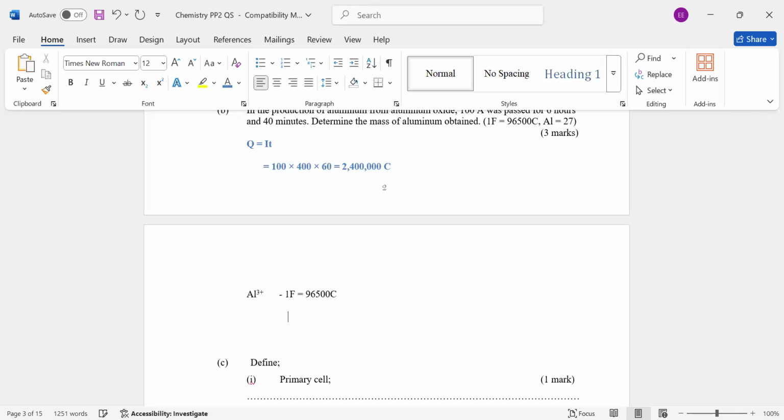So this one is just equivalent to 1 electron. So here we are going to cross multiply 3 times 96,500. Give me the total charge that will be there.